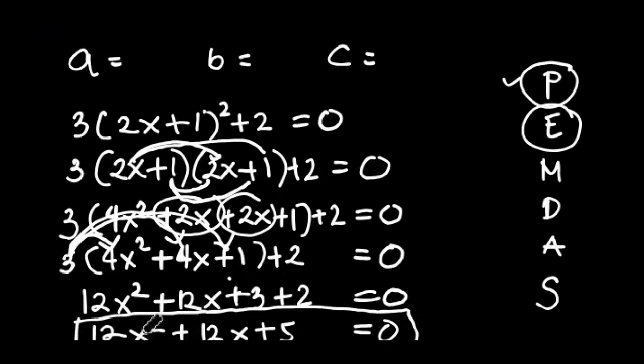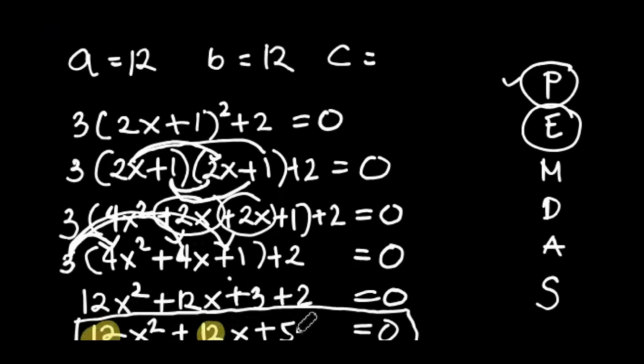So, tignan natin kung ano ba yung A, B, C dito. The A would be the first term coefficient, which is 12. So, highlight lang natin. Ito yung A natin. The second term, this one is B. Okay, that is 12 as well.